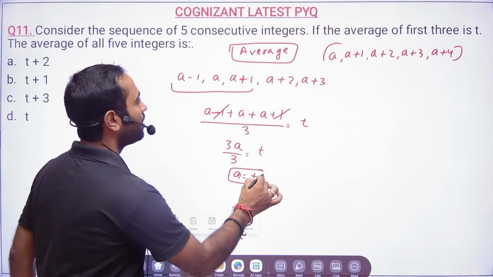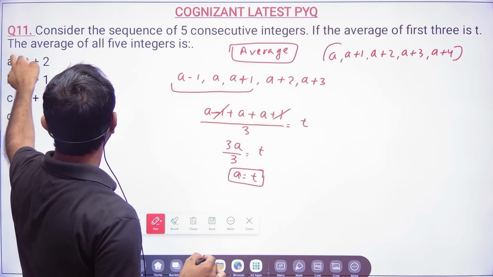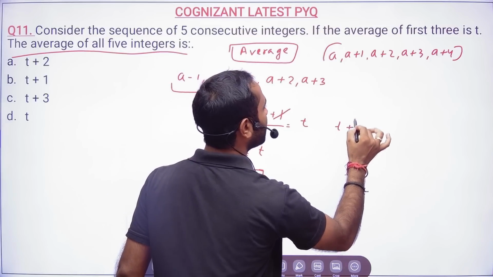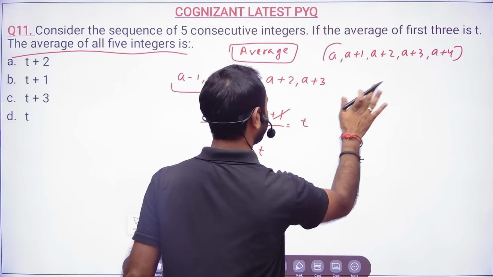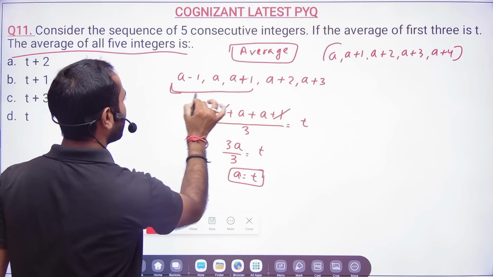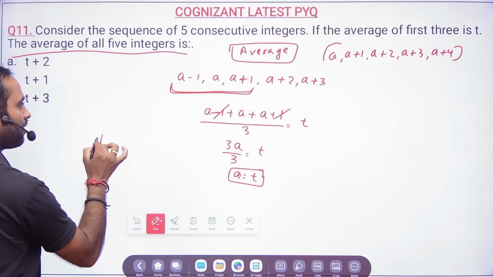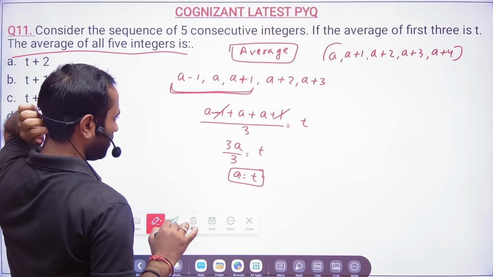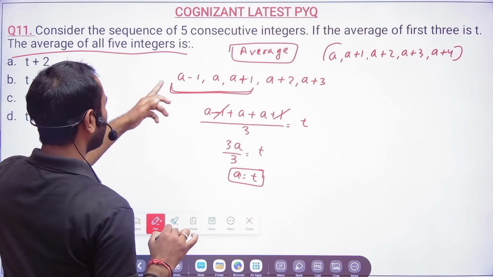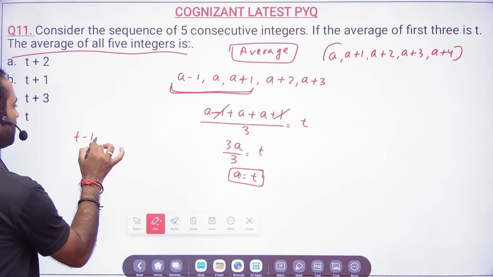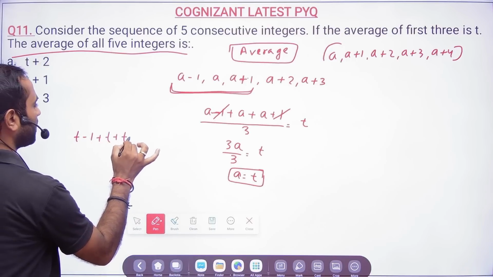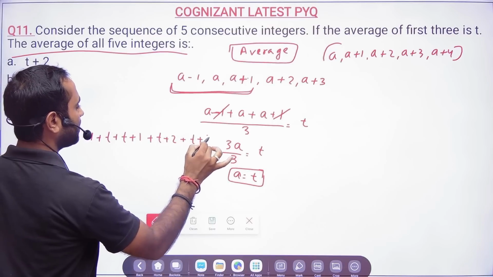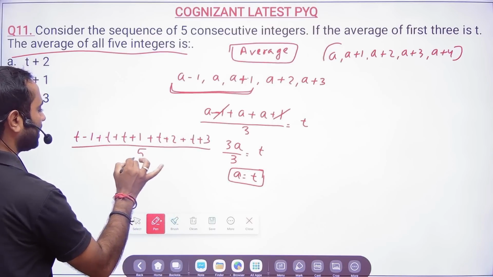Okay, now they are telling, tell me the average of all 5 integers. No problem, a is equal to t now, so t, and here you will put the rest. So you can put t minus 1 plus t plus t plus 1 and t plus 2, divided by 5, will give you the average.